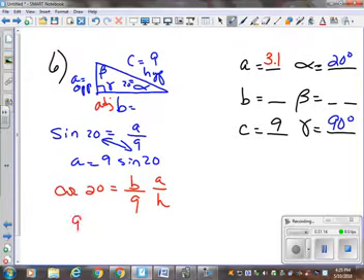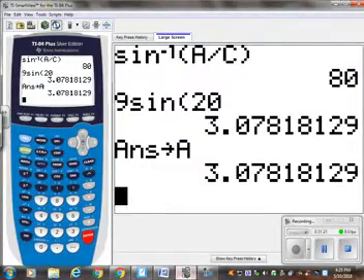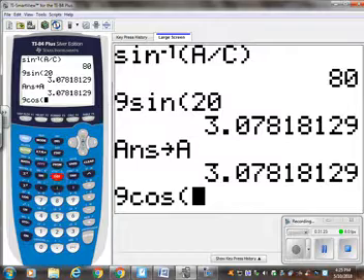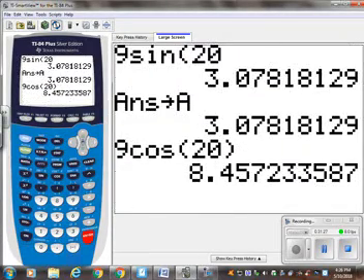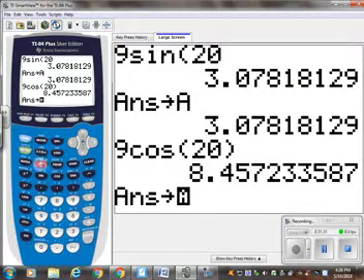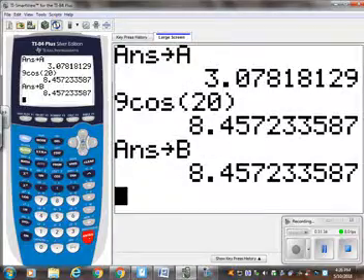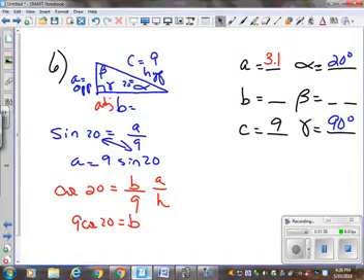Again, we cross multiply and get 9 cosine of 20 equals B. So now we can go into our problem and go 9 cosine of 20. Usually whatever you do for sine, you do the same thing for cosine. That's 8.5, stored in alpha B.